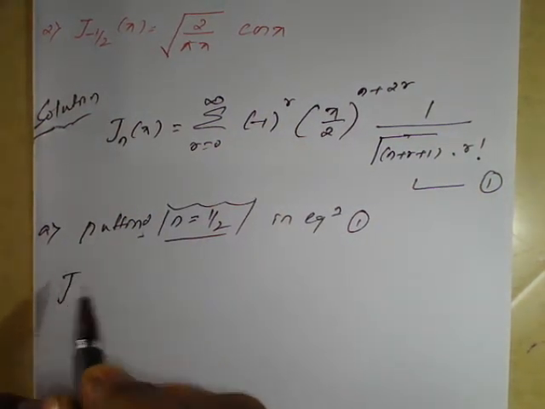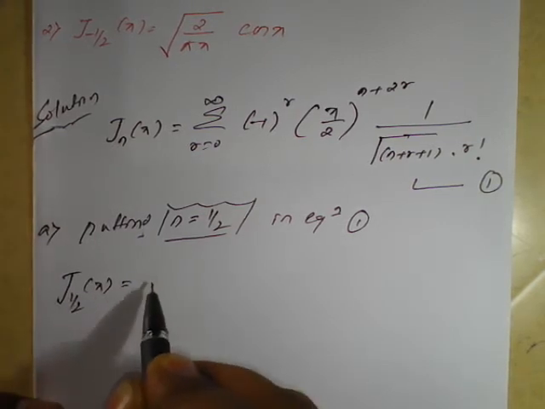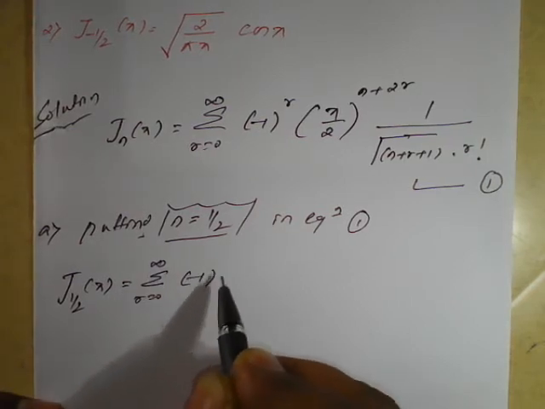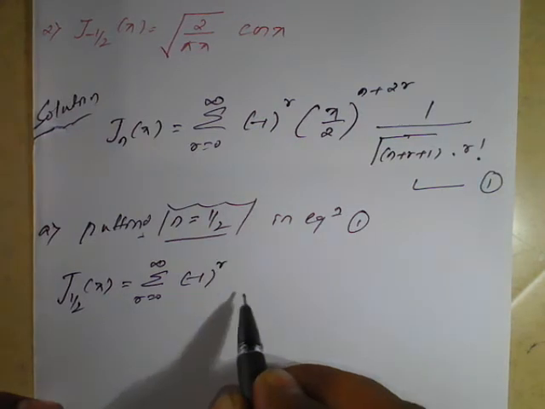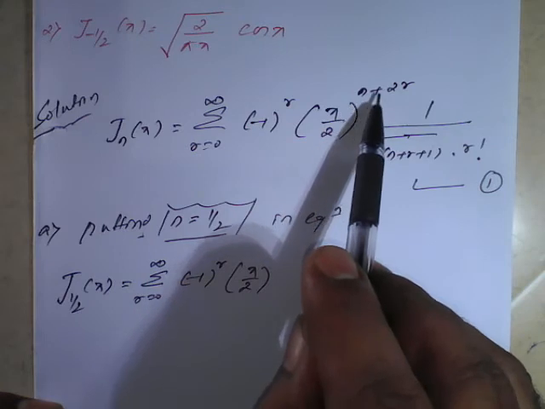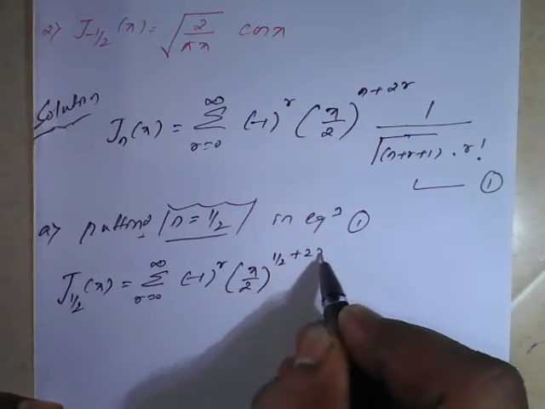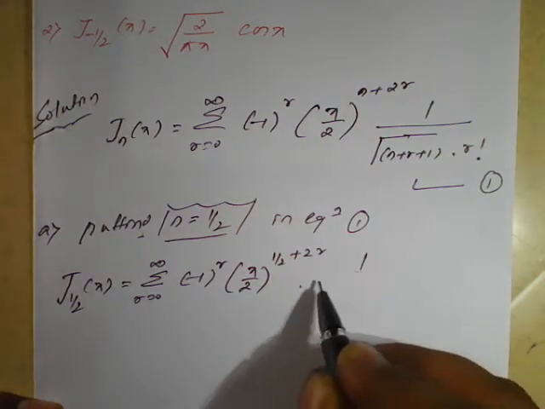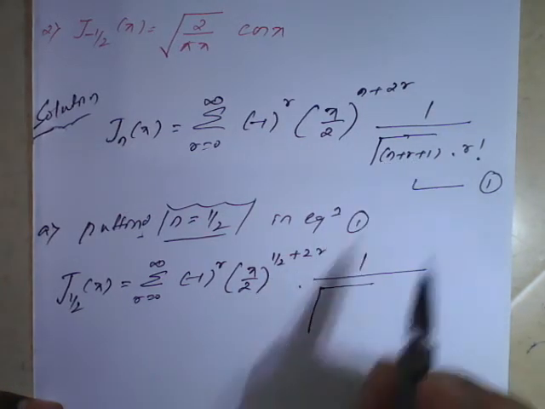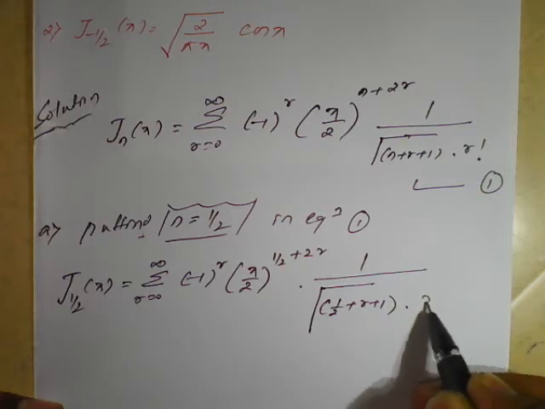Therefore, J of 1 by 2 of x is equal to summation r from 0 to infinity, minus 1 raised to r, x upon 2 raised to n plus 2r, where n will be replaced by 1 by 2, so 1 by 2 plus 2r, into 1 upon gamma of n plus r plus 1, where n value is 1 by 2, so 1 by 2 plus r plus 1, into r factorial.